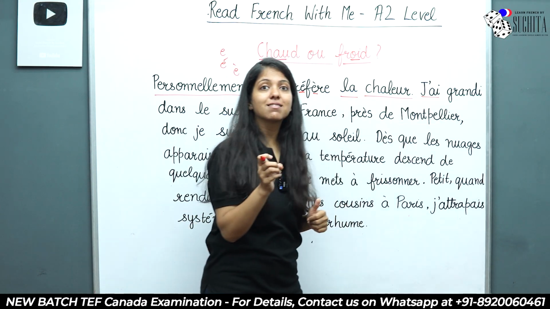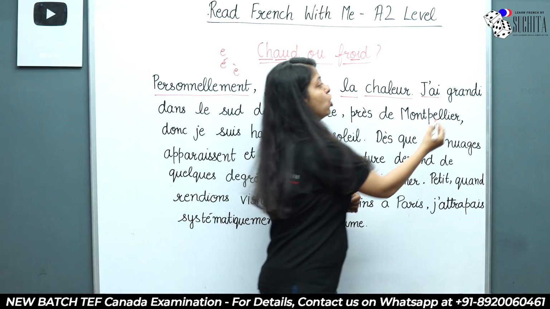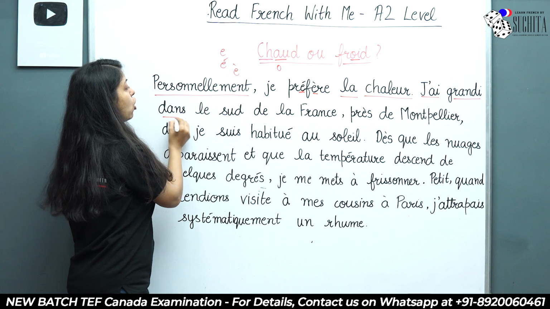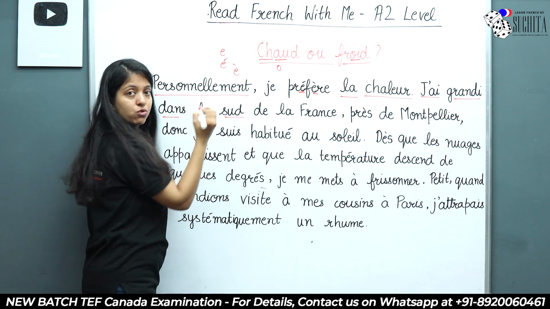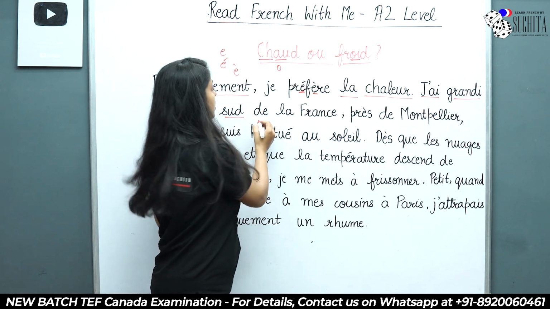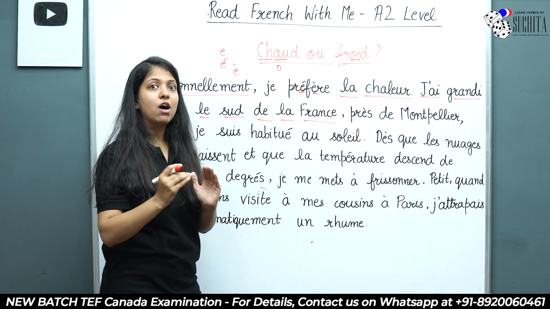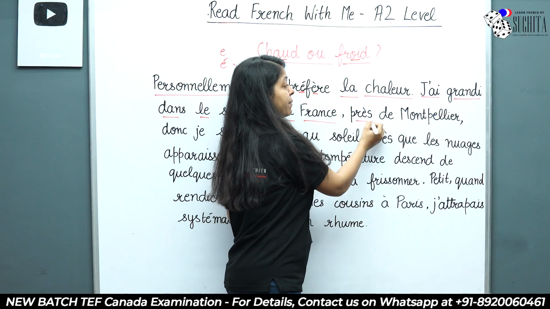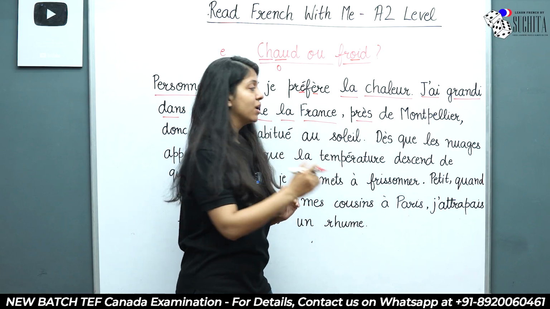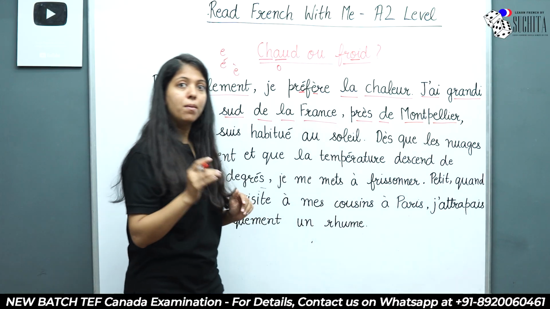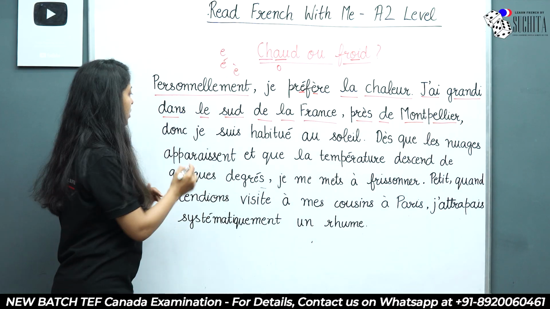J'ai. AI is A, so it becomes j'ai grandi. J'ai grandi dans le sud de la France, près de Montpellier.